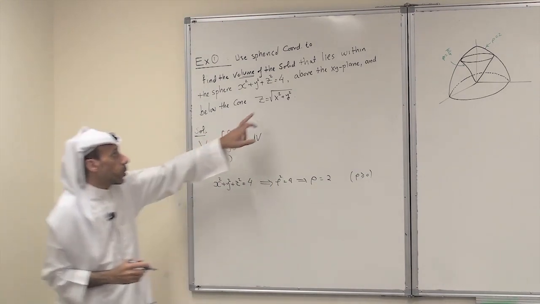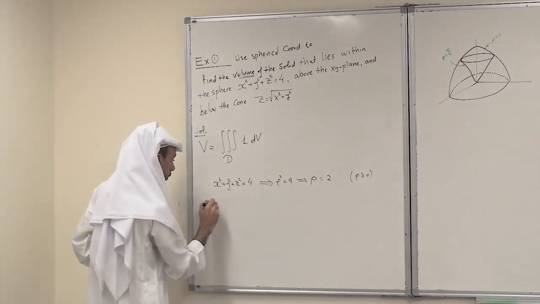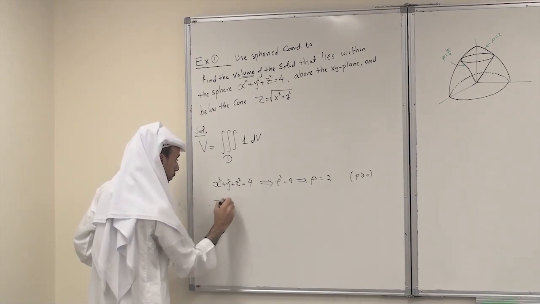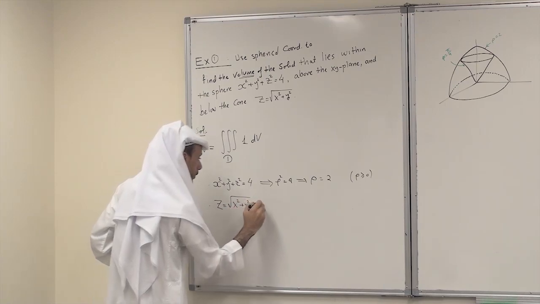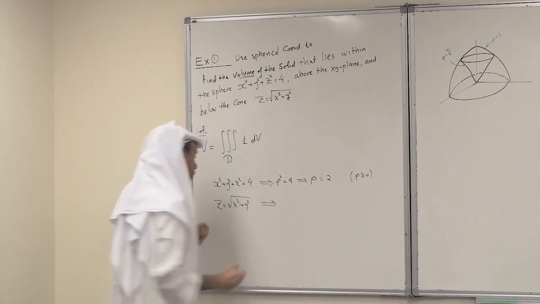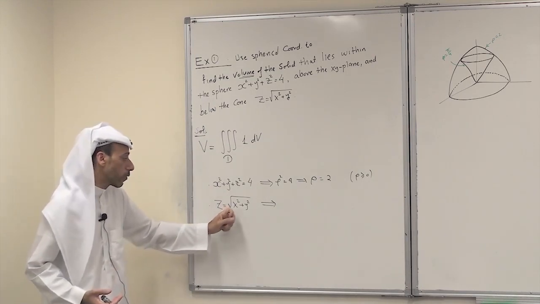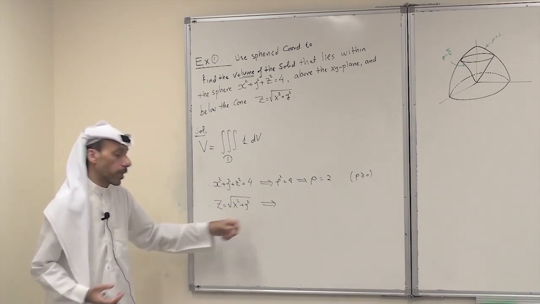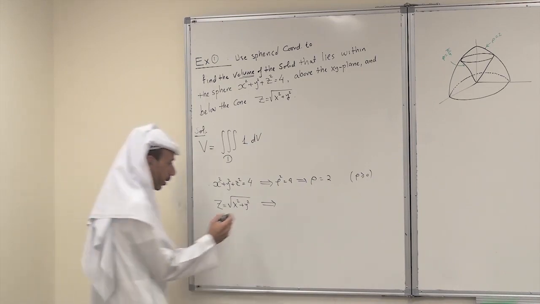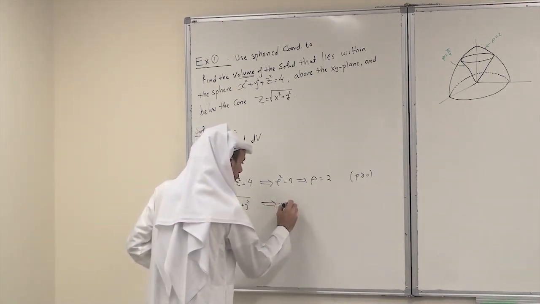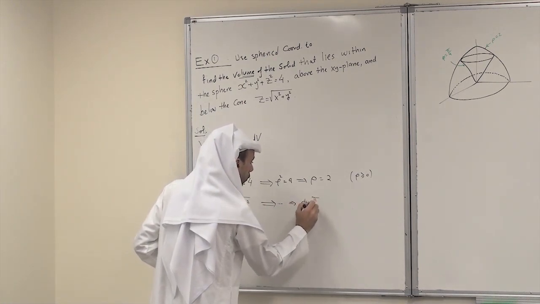And we also have to describe the cone in spherical coordinates. So this is the cone z equals root x squared plus y squared. In fact, when you substitute z, which is rho cosine phi, and the values of x and y in spherical coordinates, and you simplify with some work, you will get phi equals pi over 4.